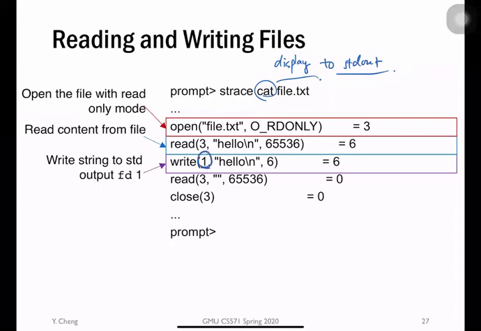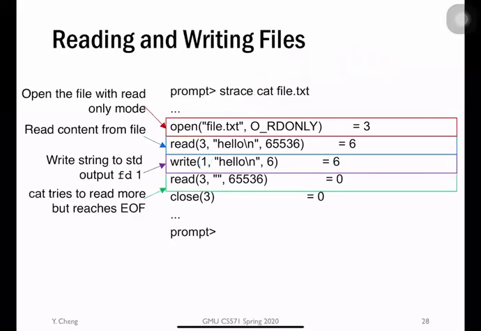So that is why you pass in the first parameter as an integer 1. Okay, so just try to write the string that you just read from this file to the standard output fd1. Okay, you write exactly 6 bytes because it is just hello followed by the new line symbol, which is 6 bytes. So just simply return the total number of bytes you've written to standard output.